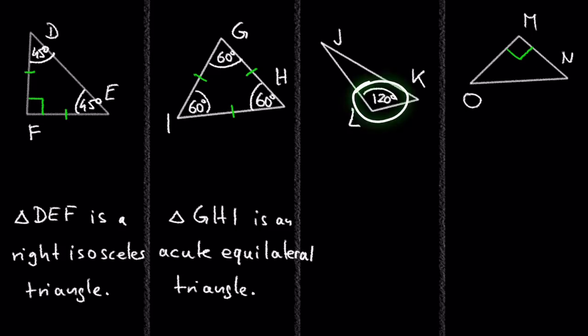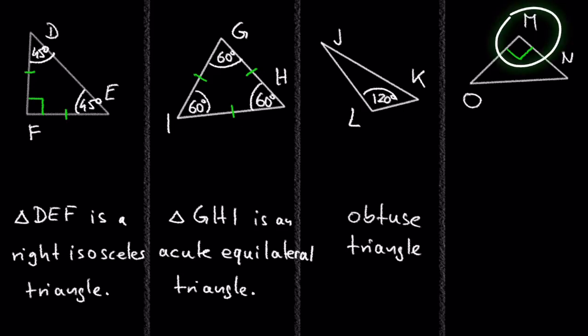Since we have an obtuse angle, this triangle is an obtuse triangle. And triangle MNO is a right triangle because angle M is a right angle.